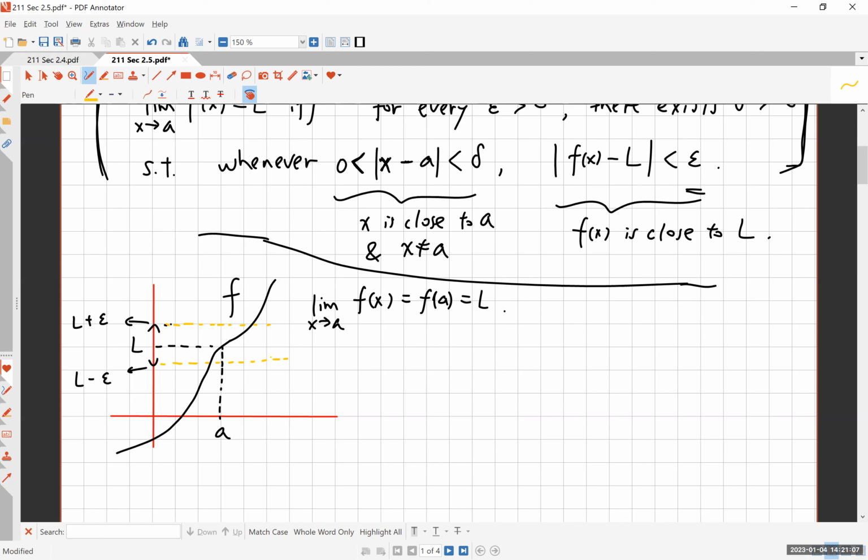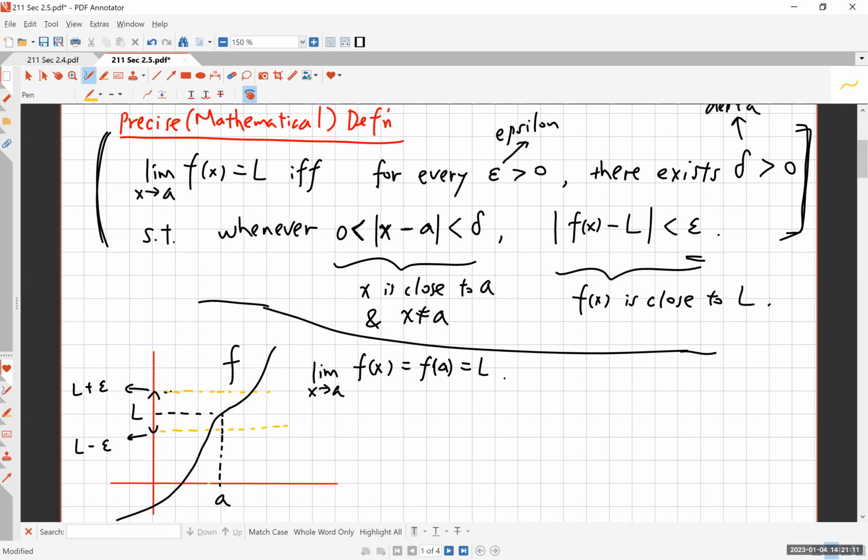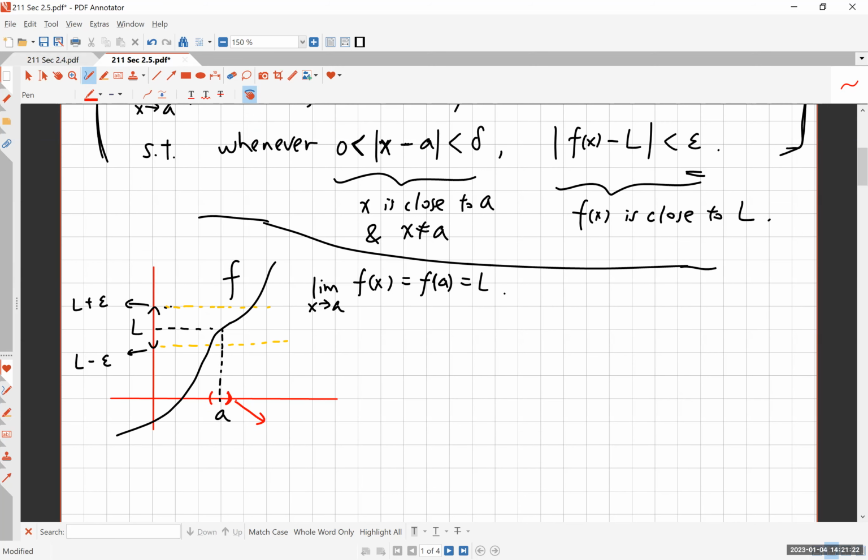Now your challenge is: can you come up with a delta so that, and delta would be on the x-axis, the higher endpoint of this open interval is a plus delta, and this point is a minus delta.